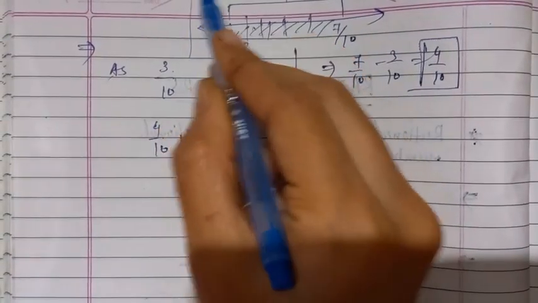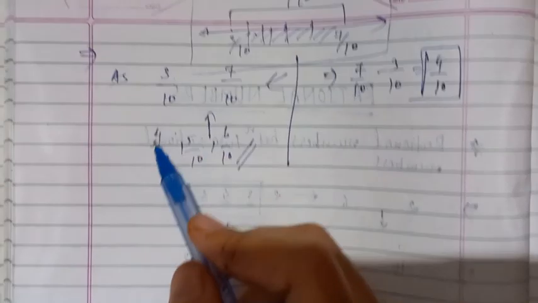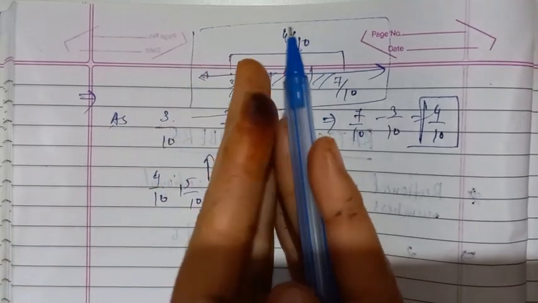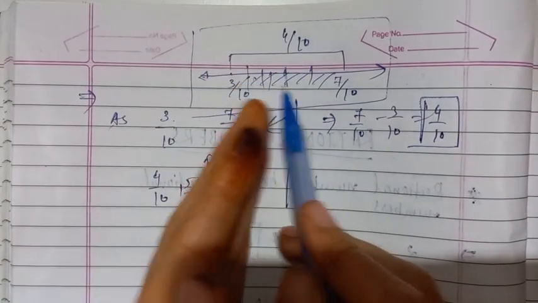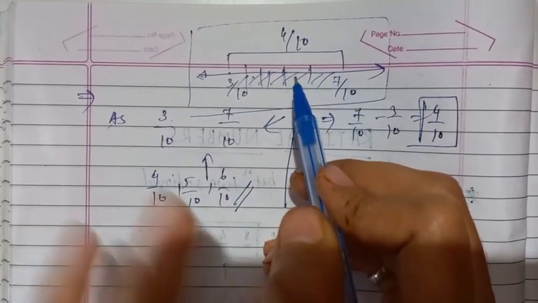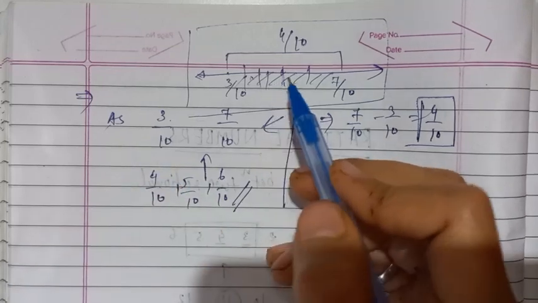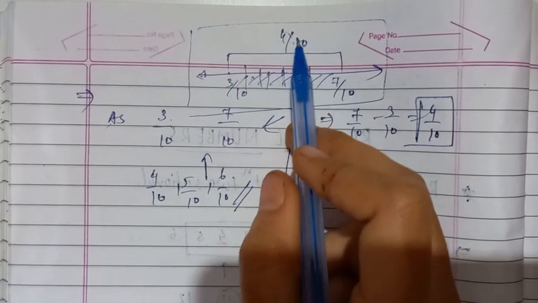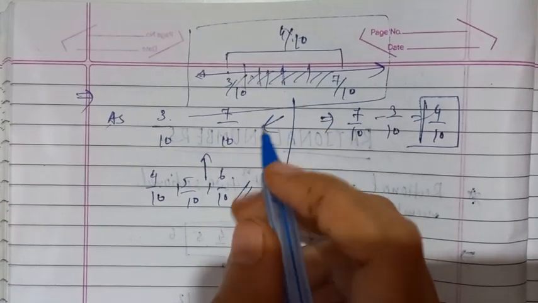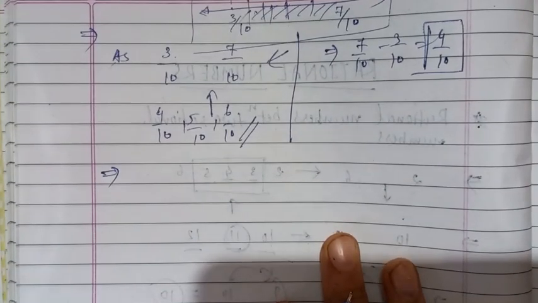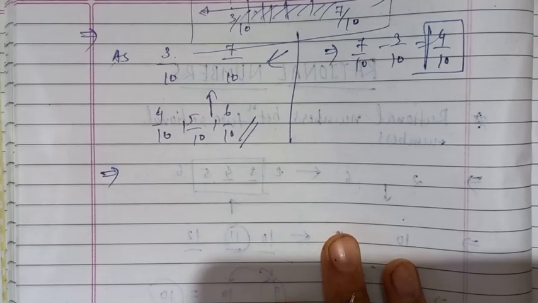For labeling rational numbers, we make parts of the number line, then we label the rational numbers. Since we have no question asking to represent a particular number, we can divide this gap of 4 by 10 into so many parts. So the conclusion is that previously we learned that between two natural numbers, two integers and whole numbers, there is a definite number.